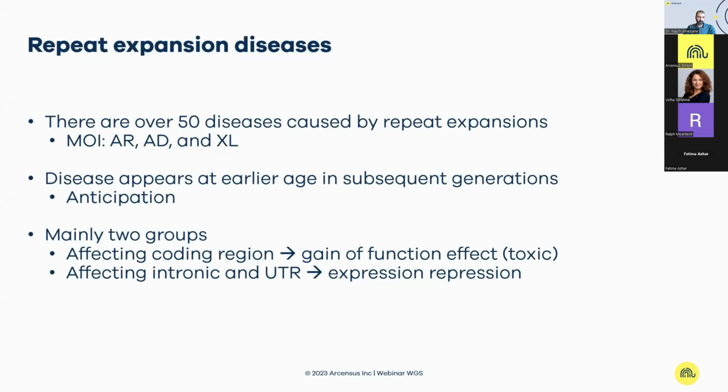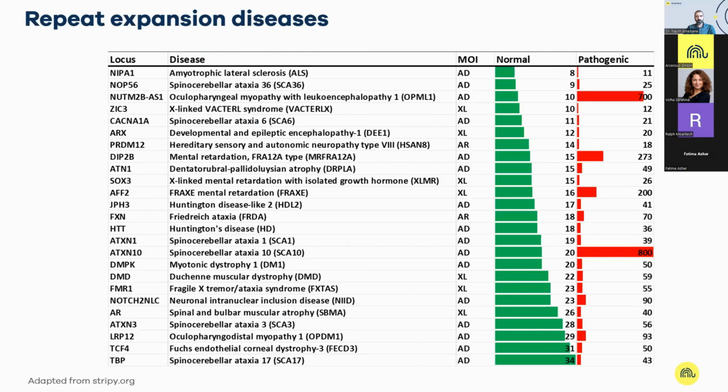Later, a little bit more on this. And then you have other expansions that affect either the intronic or the UTR region. When these regions are affected by repeat expansions, they mainly affect expression, acting as a repressor. So you have less or no protein made for this particular gene.